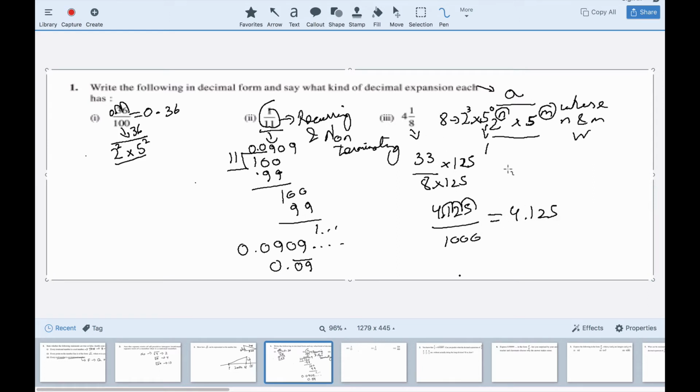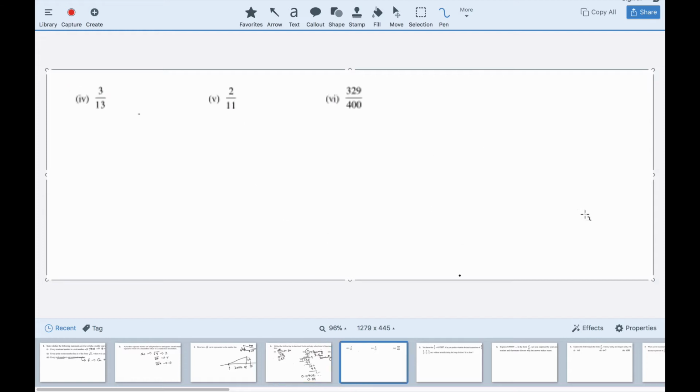Now some people simply write the 4 alone and solve 1 upon 8, which gives me 125 upon 1000, which is 0.125, and it becomes 4.125. Same thing. Moving on, next question.